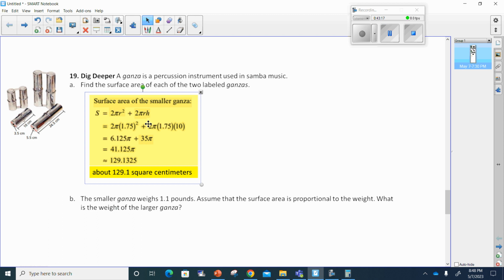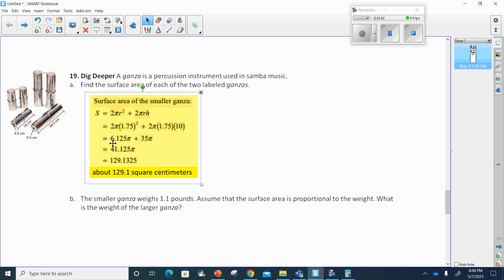Then over here they took the circumference formula. That was 2 times the radius, right? And the radius was 1.75, so 2 times that times 10, because the height was 10, will give you 35. 35 times pi, right? So we're going to take 35, add it to 6.125, then multiply that to 3.14.